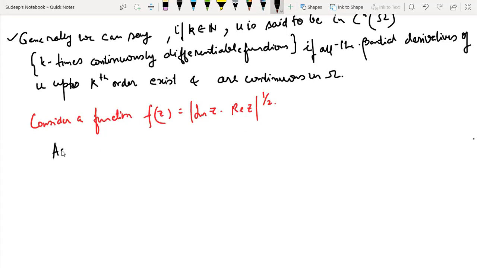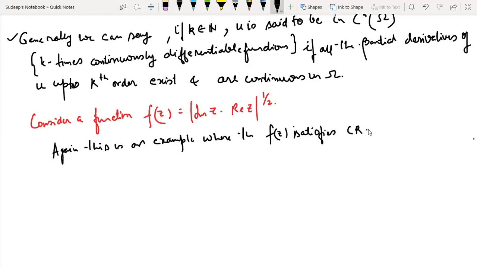Again, this serves as an example where the function f(z) satisfies Cauchy Riemann conditions at origin, but it is not differentiable at origin.